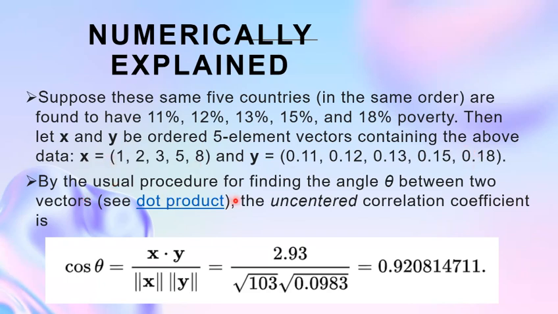By the usual procedure for finding the angle sigma between the two vectors, which is the dot product, the uncentered correlation coefficient is the cosine of the angle, x dot y divided by the norms of x and y. This is a simple expression, and the cosine of the angle would be 0.9.